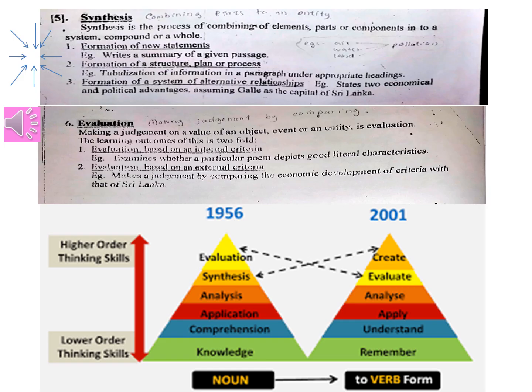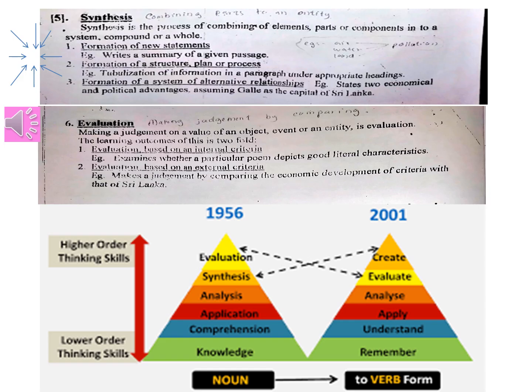Right? Evaluation, the last one, the highest step. Evaluation is making a judgment on the value of an object, event or entity. Making judgments by comparing, right? According to this, you can make evaluations in two ways. One, evaluation based on internal criteria examines whether a particular poem depicts good literary characteristics.